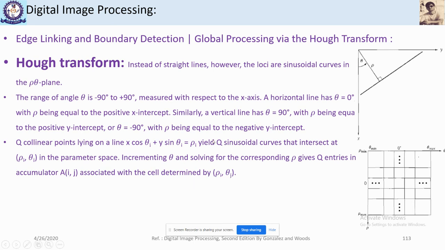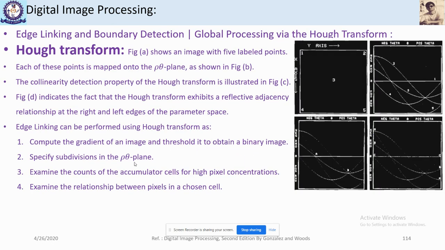Then examine the relationship between the pixels by choosing pixels in chosen cells. From those chosen cells, we define that these pixels are collinear and they have strong response in the image. So this is how we can use the Hough transform in the linking of edges.